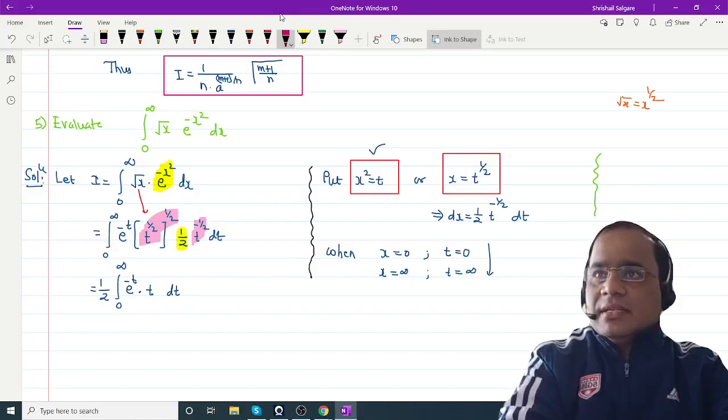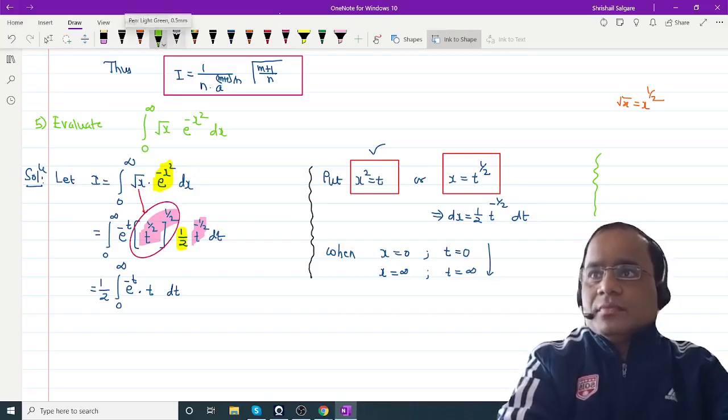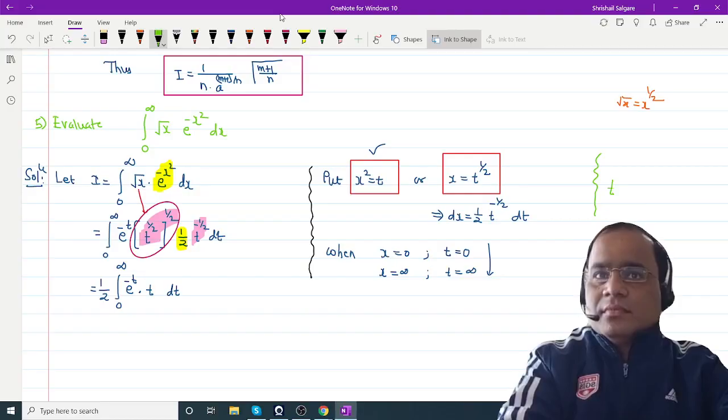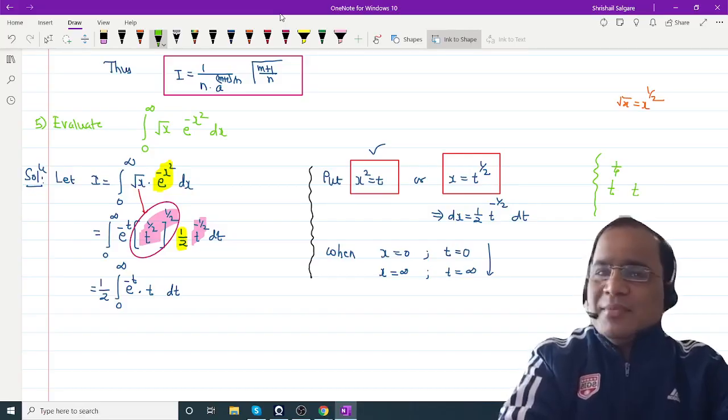I will circle it. Now this is your first t term. What is the power of t? Okay, it is 1 by 4. Your friend is helping you. Okay, the second one is t raised to, at least tell me the second power.